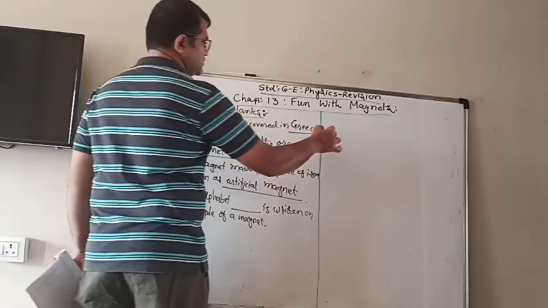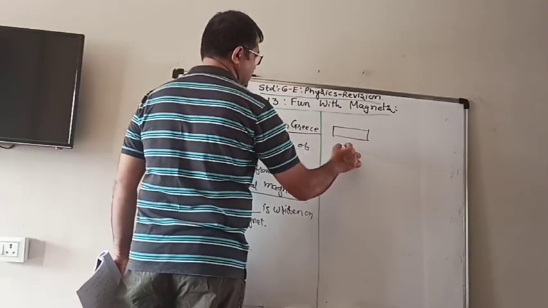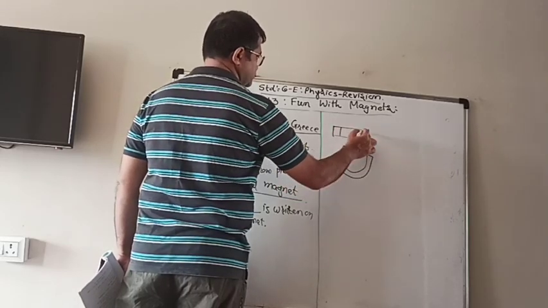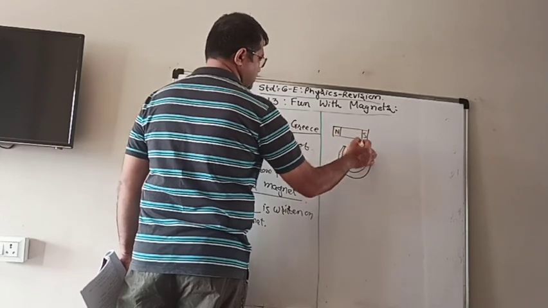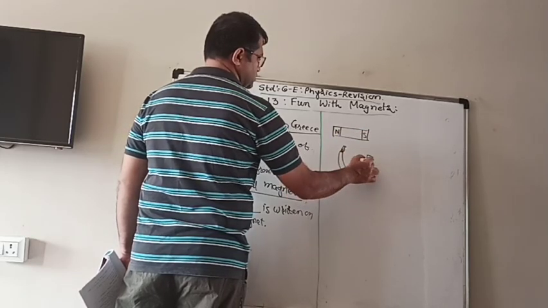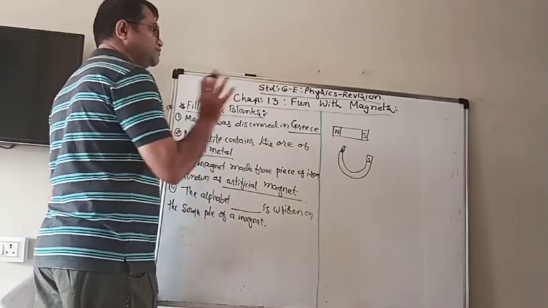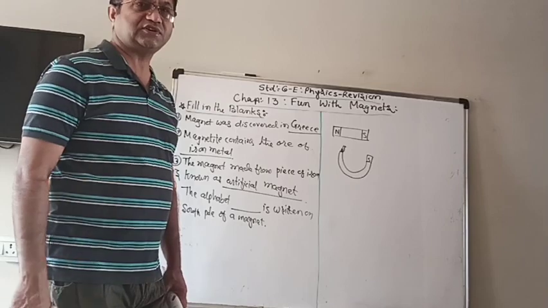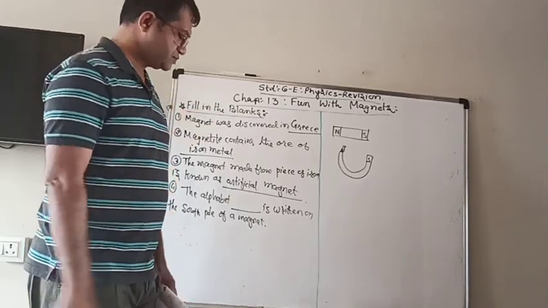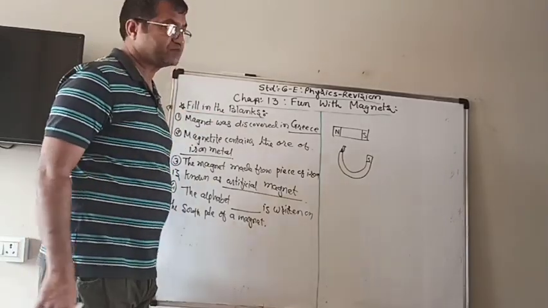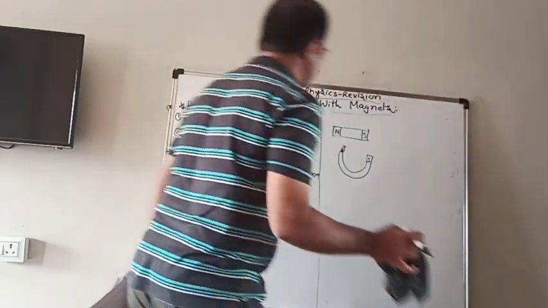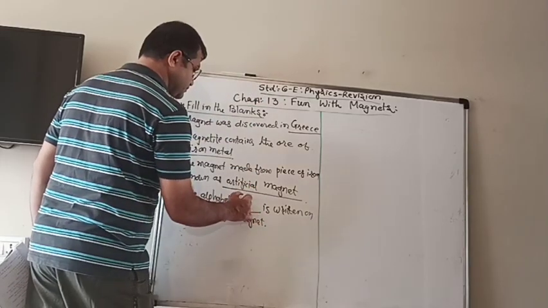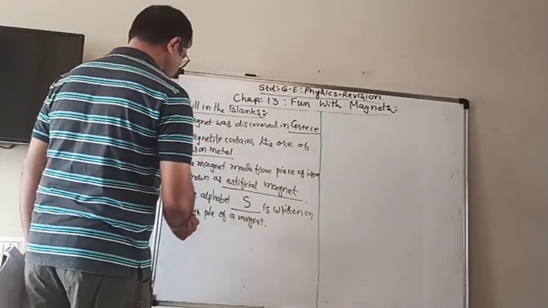Whenever you see any magnet, a bar magnet or a horseshoe magnet, the poles are shown with letters. On the north pole N is written, on the south pole S is written. So the south pole will have S written on it.